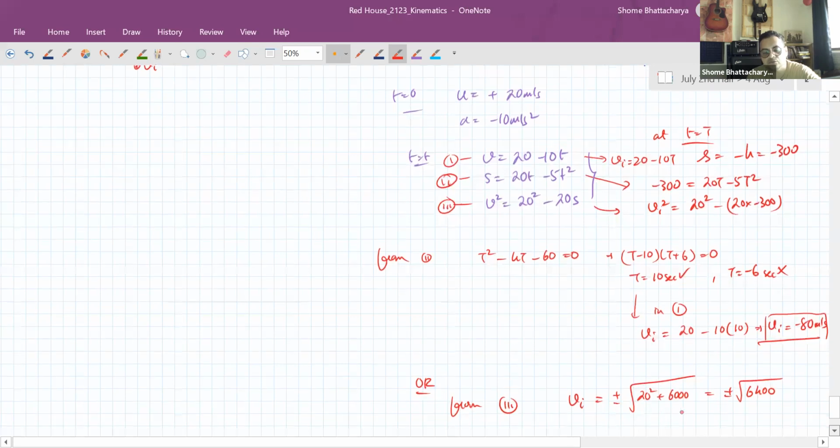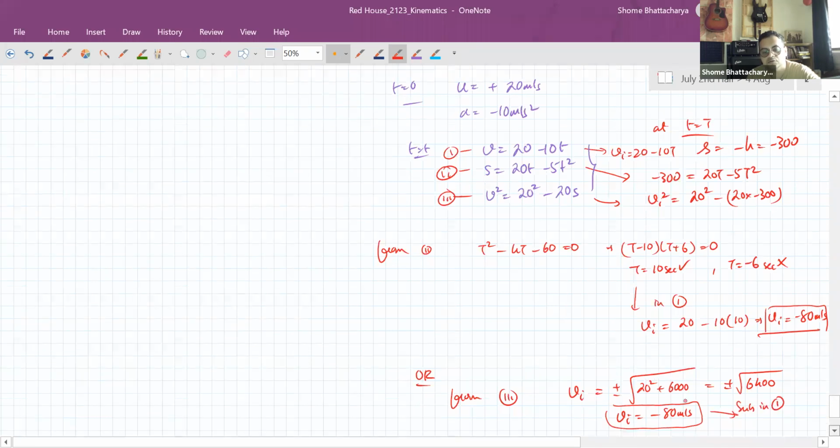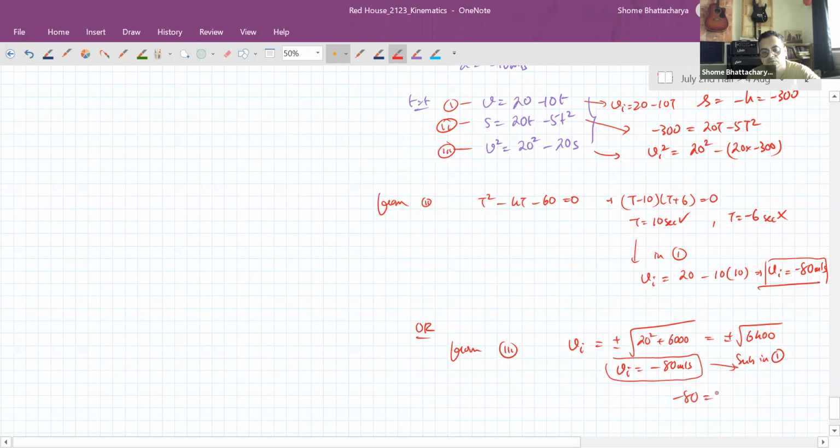So we'll take the negative root. So once we know this, we will substitute this in equation 1, and from that we'll get the time. So minus 80 is equal to 20 minus 10t. So this will show us that the time is 10 seconds. That's another way of going about this.